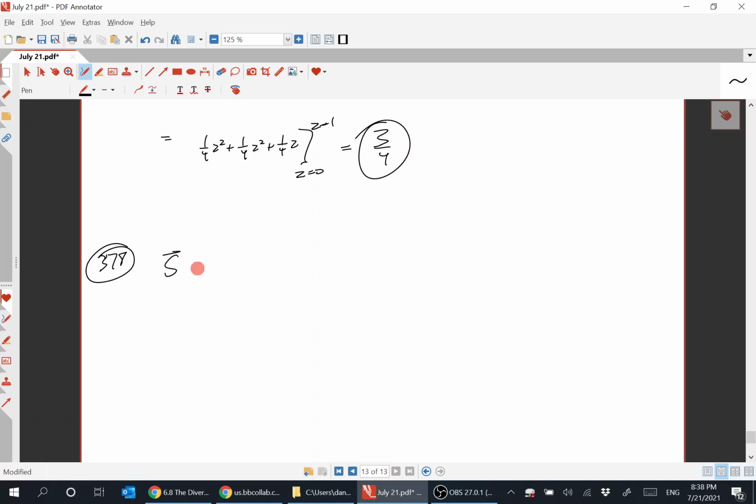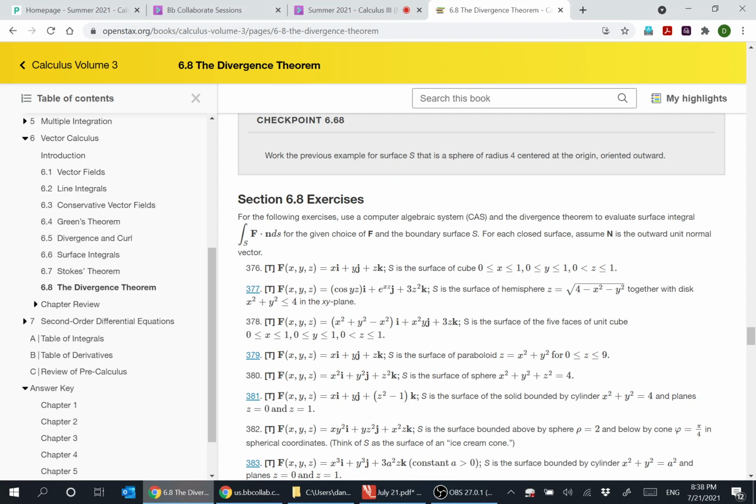So S is 5 faces of the cube, 0 less than or equal to x less than or equal to 1, 0 less than or equal to y less than or equal to 1, 0 less than or equal to z less than or equal to 1, excluding the bottom face, I think. No, it doesn't say that. I think that's just a typo. It must be all 6.